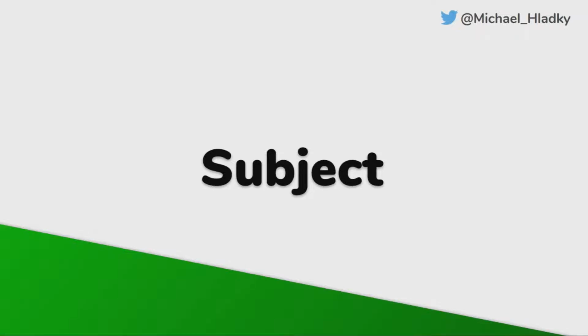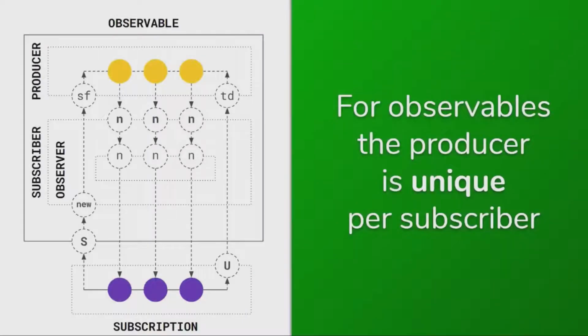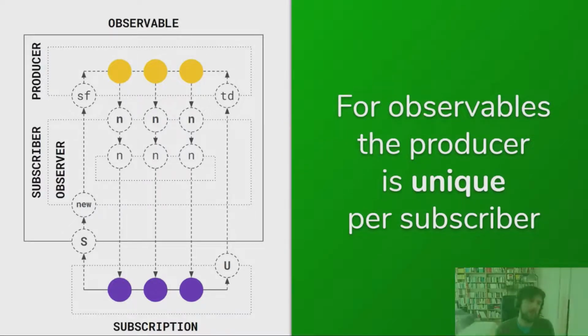And before I dive deep into subjects, I want to state a little problem with observables. As the producer is unique for every observable, it always lives and is created inside of my observable. So what would happen if it is for some reason not possible to create the producer inside of my observable?